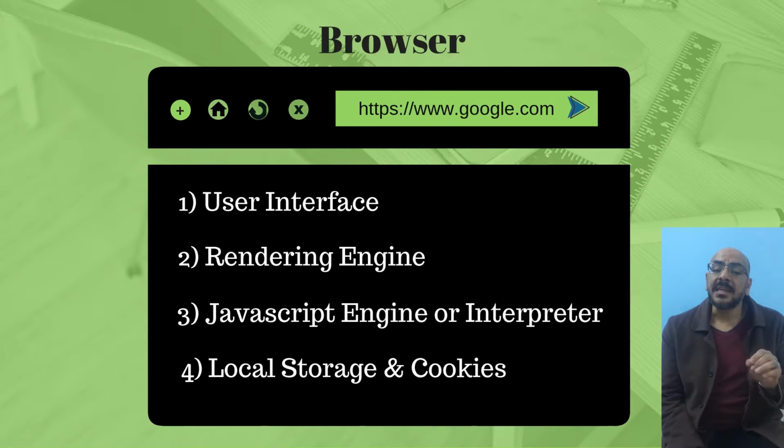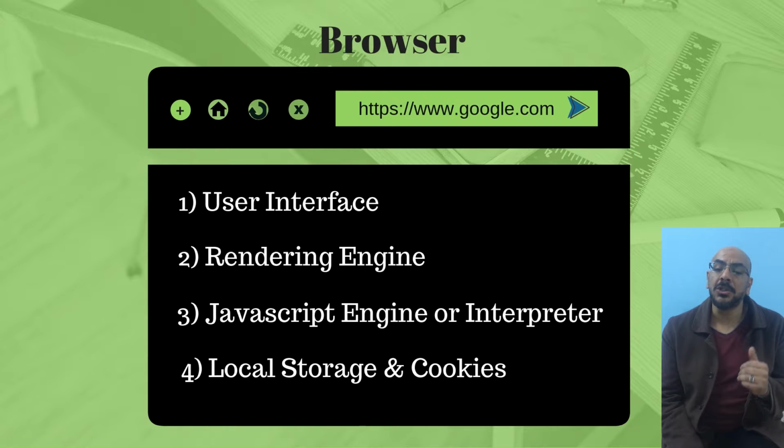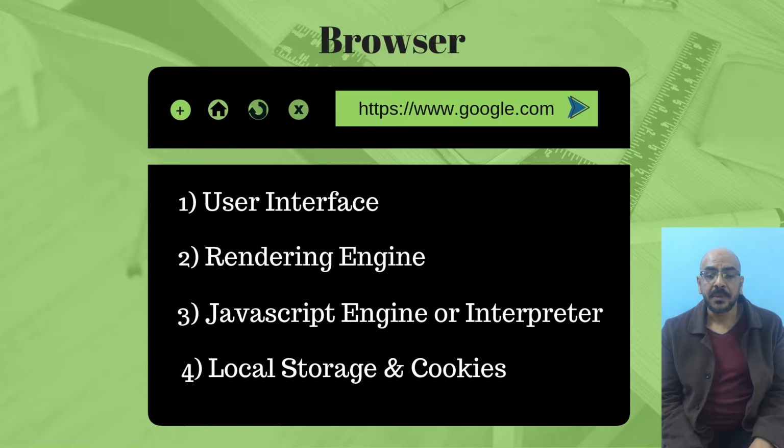The second component is the rendering engine, which is an independent piece of software with the ability to process or parse the HTML and CSS files. The third component is a JavaScript engine or interpreter, which is another independent piece of software responsible for processing and parsing the JavaScript files. At last, any browser needs a way to store data for future use on your client side, in what's called cookies and local storage.